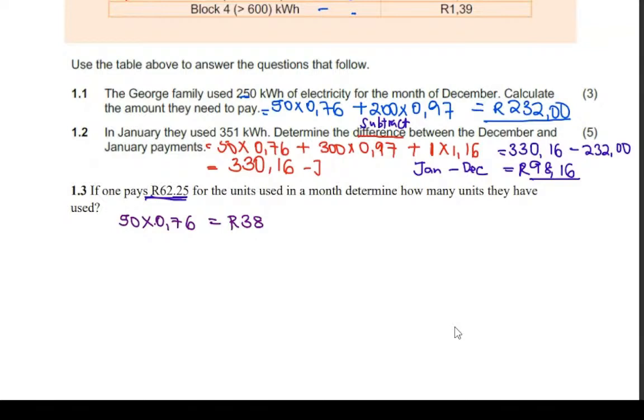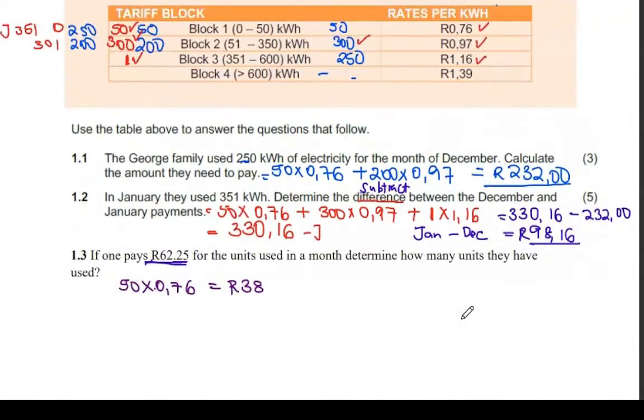So what about if they use the 300 units in bracket number 2? For 300, they will have to pay 291.